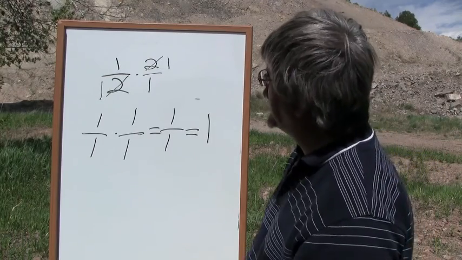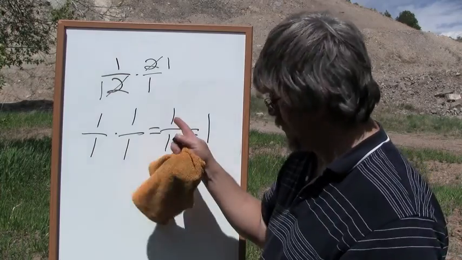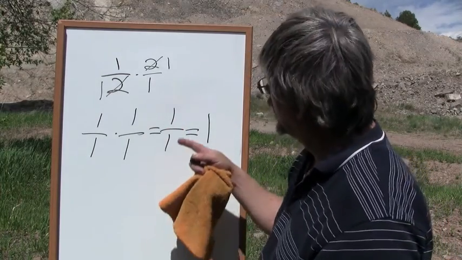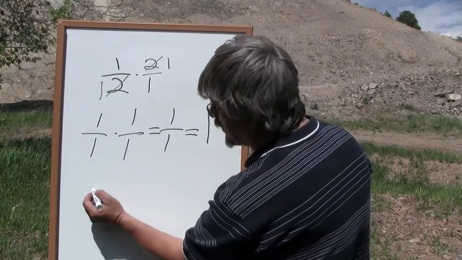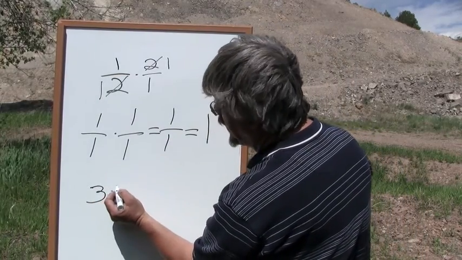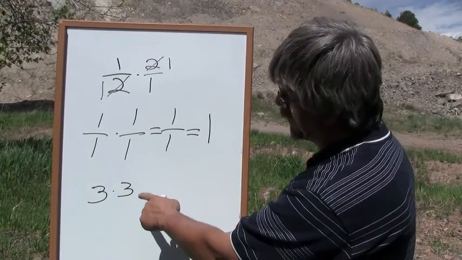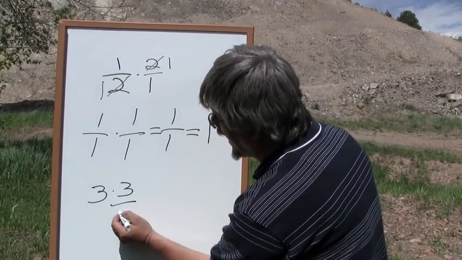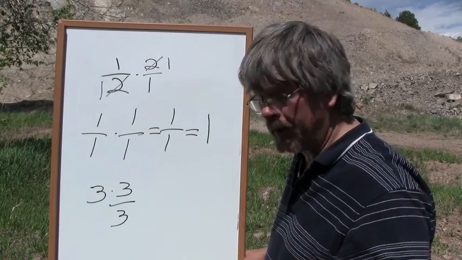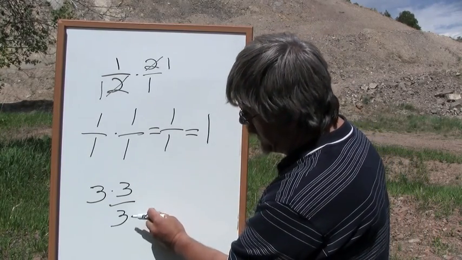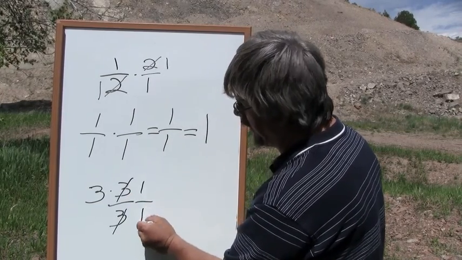So you can see, to get rid of a divided number, a divided unit, you multiply. And to get rid of a multiplied number, like 3 times 3, you would divide it by 3. Because 3 over 3 cancels out to 1 over 1, because they're the same number.